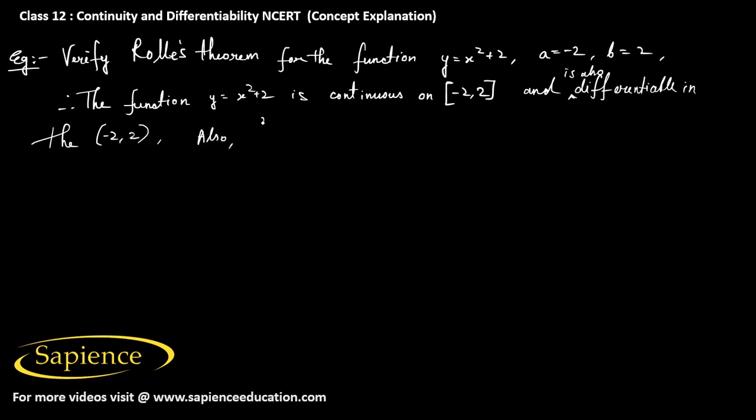Also we can see that f of -2 is equal to f of 2, which is equal to -2 whole square plus 2, which is also equal to 2 square plus 2, which is 4 plus 2, which is 6.